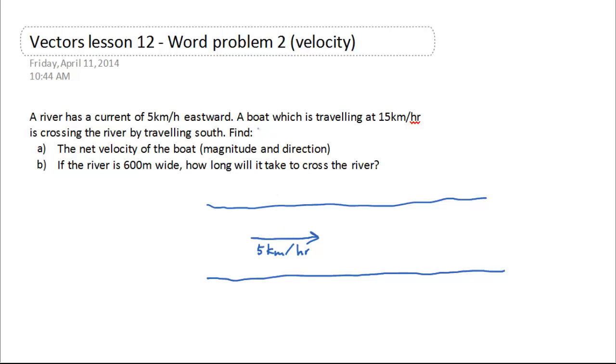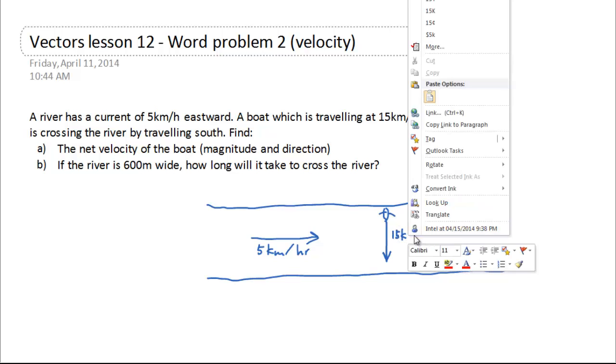And I have a boat which is traveling at 15 kilometers per hour south. So draw a little picture of the boat, people rowing the boat perhaps, and it's going south, which is directly downwards at 15 kilometers per hour.